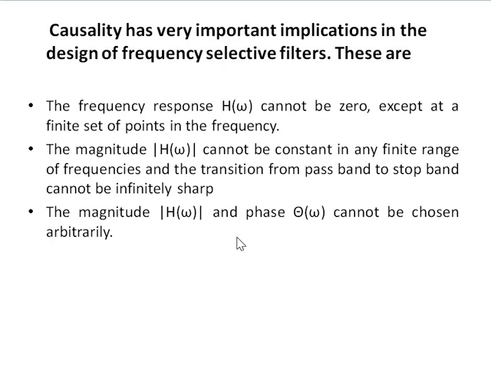Causality has very important applications in the design of frequency selective filters. You should remember these 3 points. The first is that the frequency response h of omega cannot be 0 except at a finite set of points in the frequency.